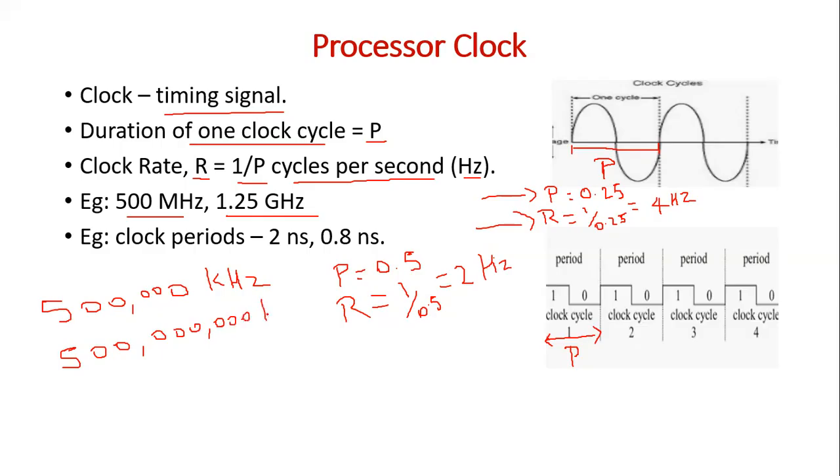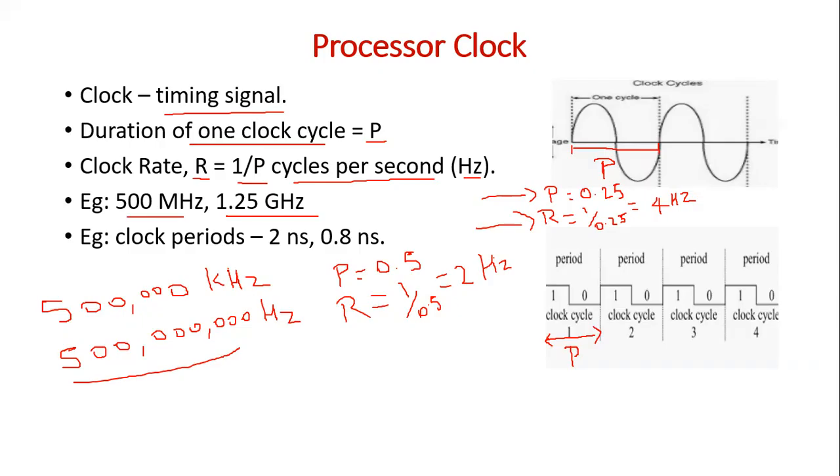So it is equal to this many hertz, which means this many clock cycles, 5 followed by 8 zeros, are there in 1 second if the processor is working at a speed of 500 megahertz. Is it clear? If it is 1.25 gigahertz, then what is that? You can calculate, right?